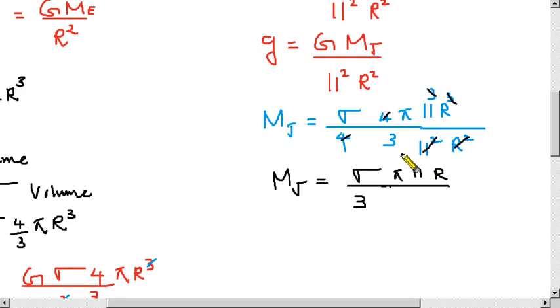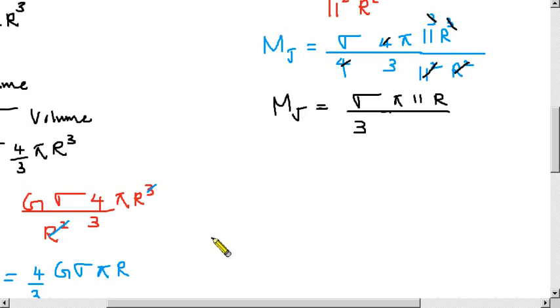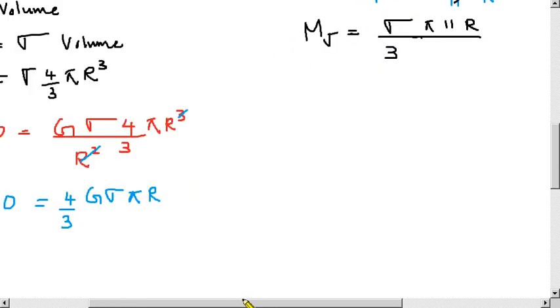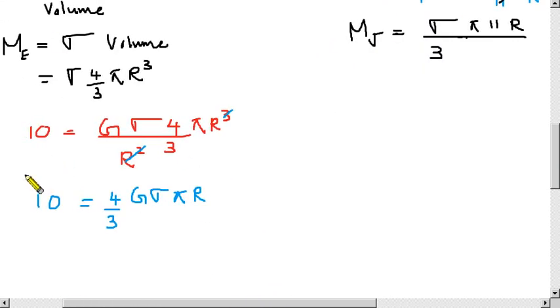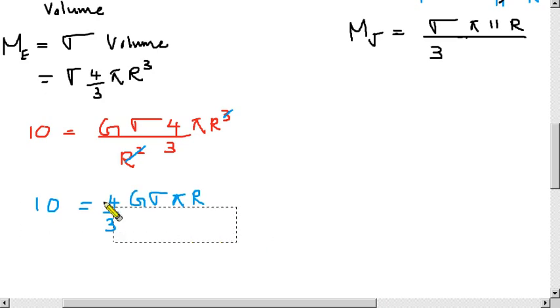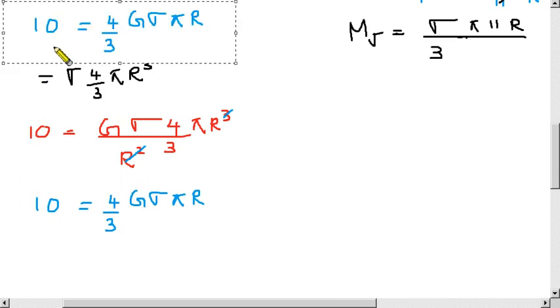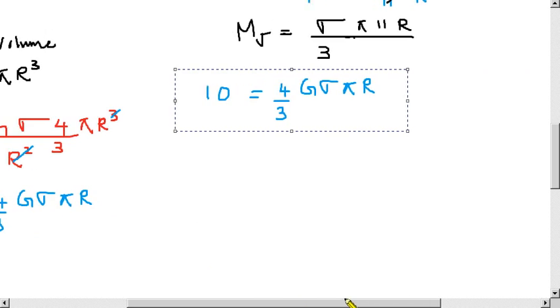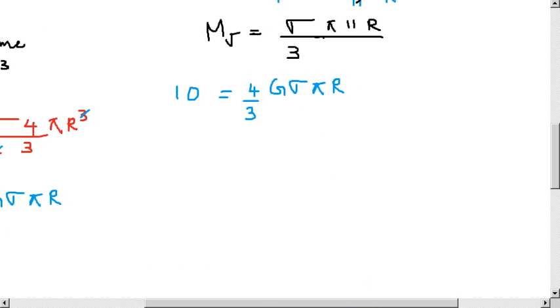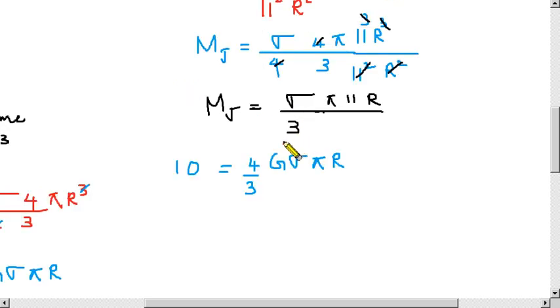Then let us take this equation and let us cover these terms. 4, 3 is there, 3G, this term, 3 is there.